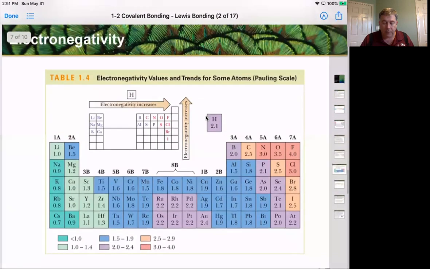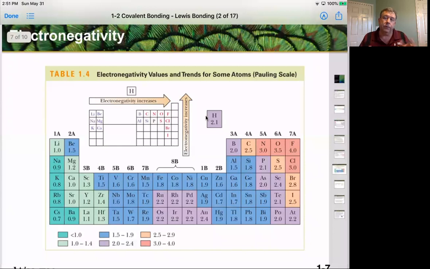So if we look at the values for these atoms, we'll see that there's a trend here. We have fluorine being our highest at a 4, and way down here, one of our lowest is this 0.7, okay? So what that means is if we had a compound with cesium and fluorine, it would definitely be an ionic compound because they are very, very different.